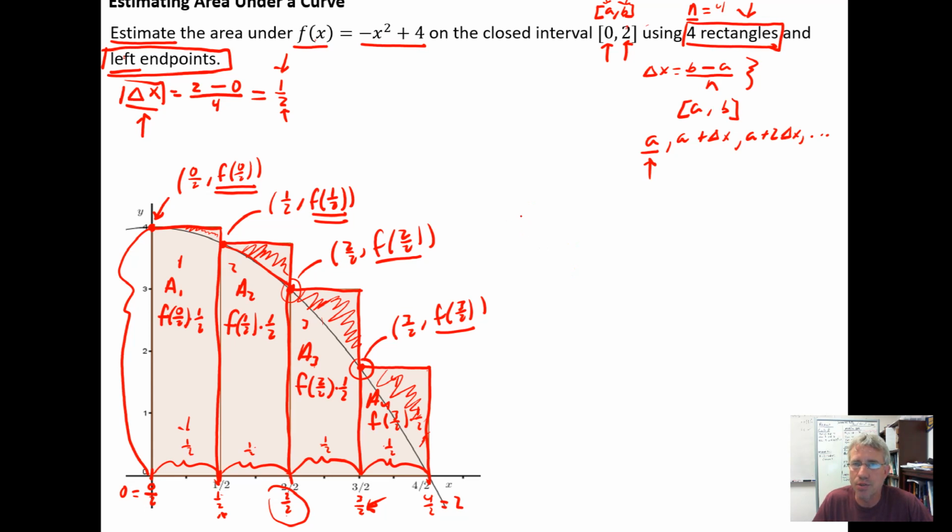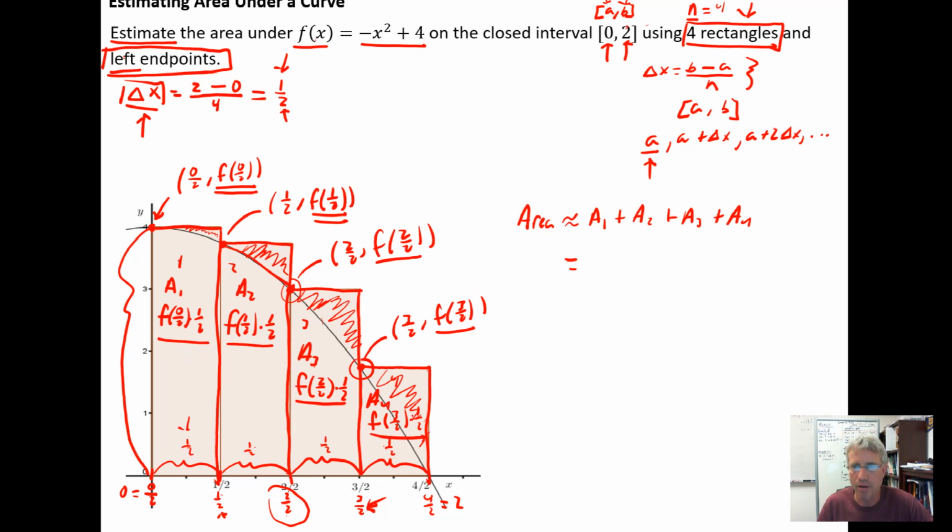So what I could say is, the area under the curve is approximated by those 4 rectangles. And then what is the area of the 4 rectangles? We need to take the area of the first plus the area of the second plus the area of the third plus the area of the fourth. And those 4 areas, we've calculated them right here.